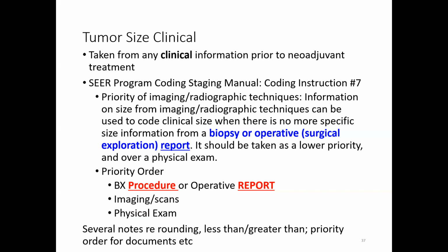Most often you'll get a size from a core needle biopsy. However, do not code it in this field. You want like the imaging size, physical exam size. That's the best size.